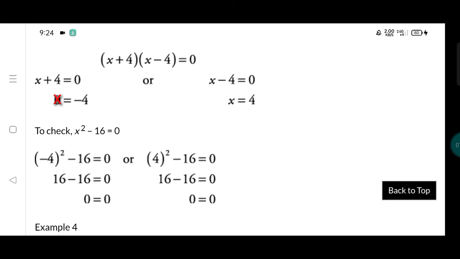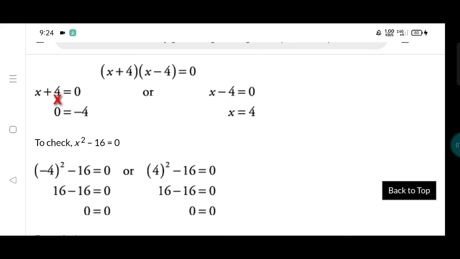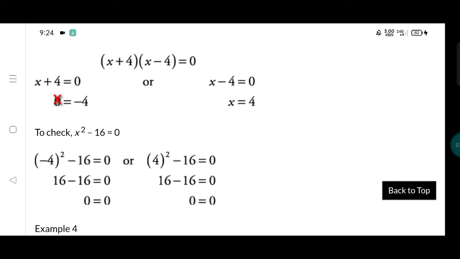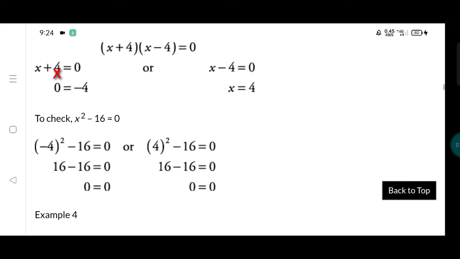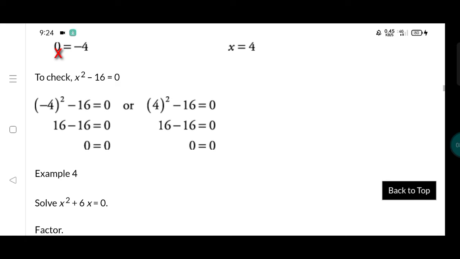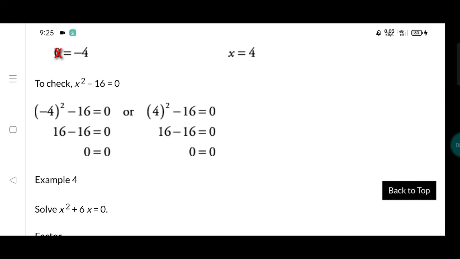So 0 is equal to 0. Then the second value for x is positive 4. 4 squared minus 16 is equal to 0. Then 4 squared is 16, minus 16 is equal to 0. So 0 is equal to 0.